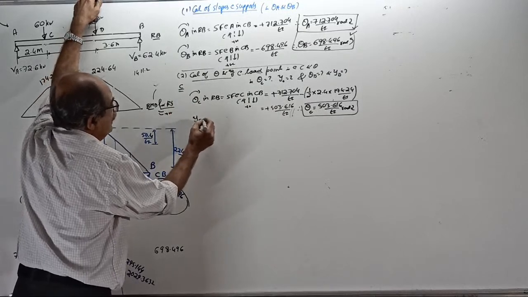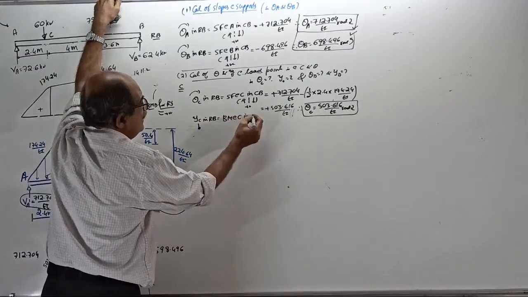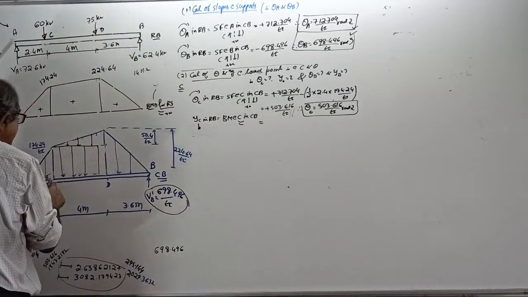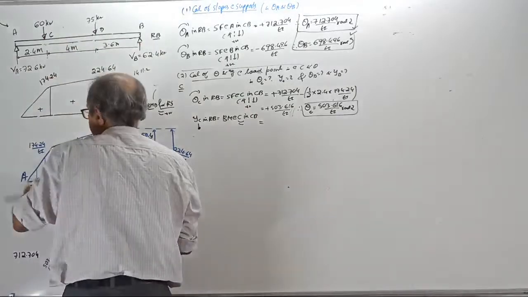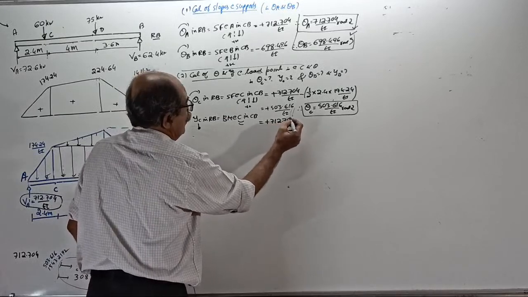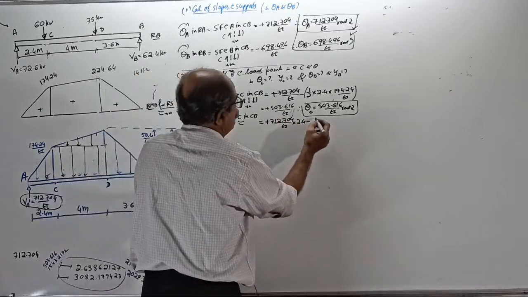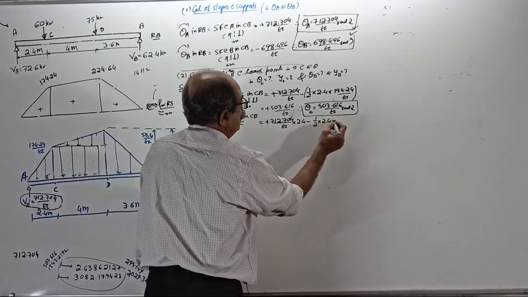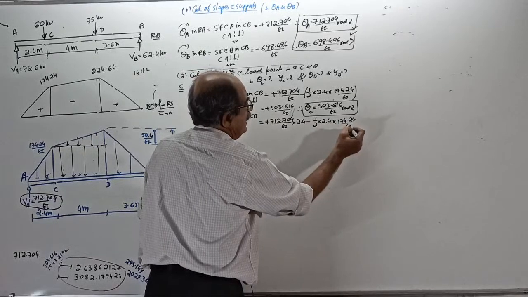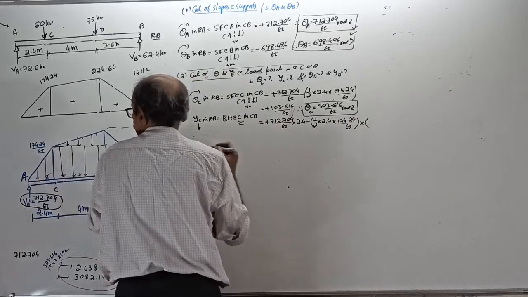Deflection at C downward in the real beam equals bending moment at C in the conjugate beam, sagging positive. Deflection here is bending moment here. Look this side. Bending moment: plus 712.704 by EI into 2.4 minus half into 2.4 into 174.24 by EI, which is the total load, into the moment about C, 1/3 of 2.4.